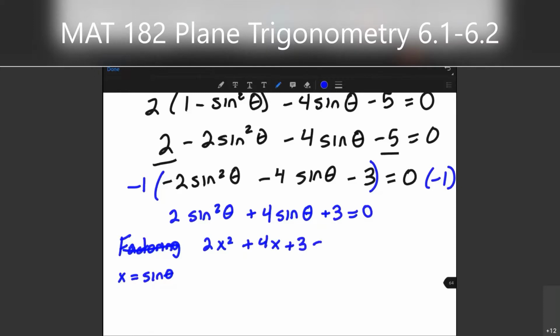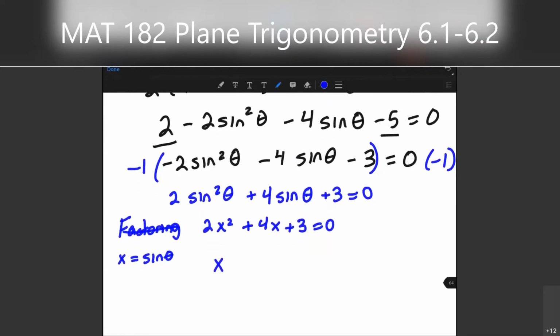This is the quadratic I'm actually wanting to solve. In terms of the quadratic formula, I would have x equal to -b plus or minus the square root of b squared minus 4ac, all over 2a.